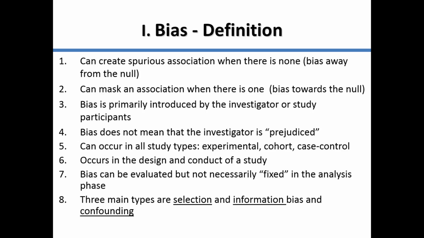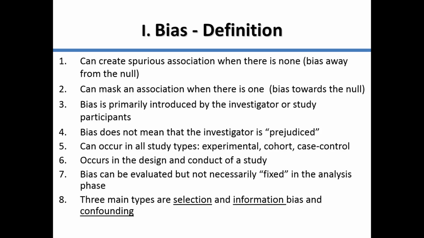And bias can do everything. It can make it look like there's no association when there is one. It can make it look like there is one when there isn't one. There are 3 main types of bias: selection, information, and confounding. Selection bias. Let's say I want to do a study of pneumonia and diabetes, a case control study.